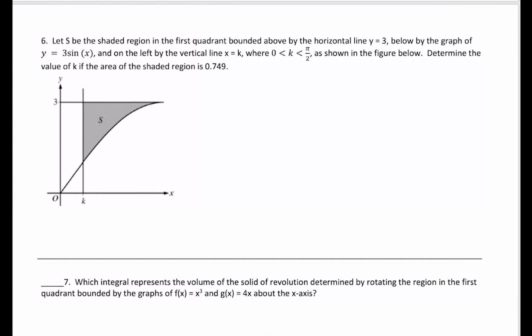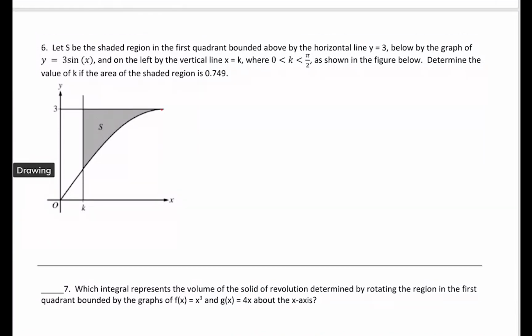Okay, so let's set up our integral here. First, we don't know what k is, but what we can figure out with Desmos is where this point of intersection is. Where is the upper bound on our interval going to be, our upper limit? So let's type those in.